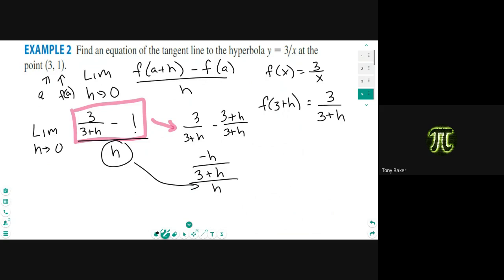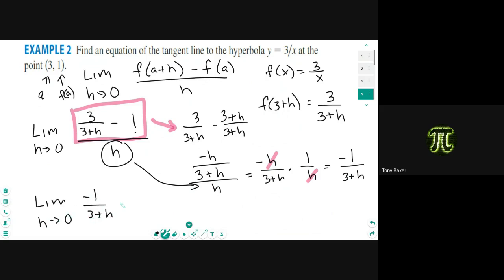So how do I do division of fractions? Keep flip change. So this is negative h over 3 plus h times 1 over h. So now we can do the limit as h goes to 0. Negative 1 over 3 plus h, which goes to -1.